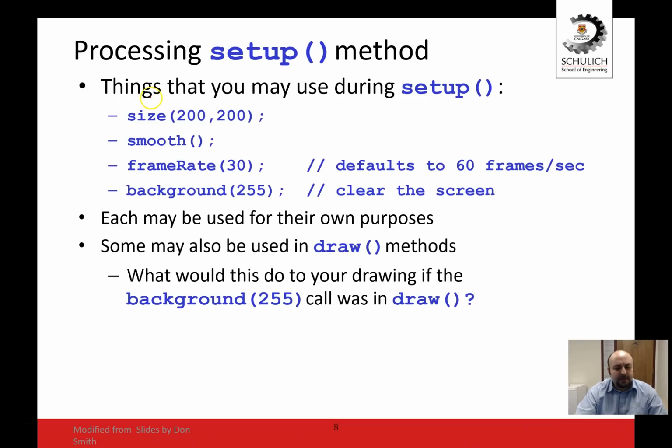So in setup, you typically put functions such as size, smooth, frameRate, background. For the most part, size and background are the ones that you would play around with. All these functions are listed in the references on the Processing website.